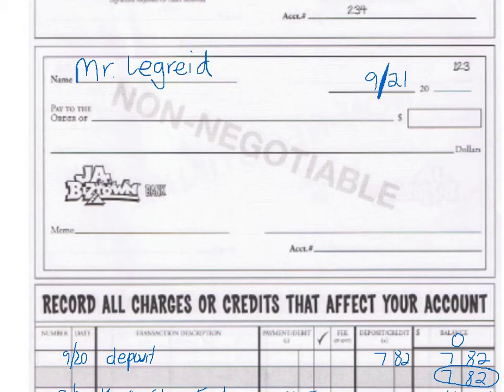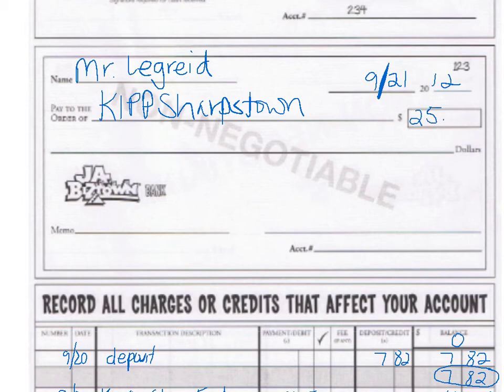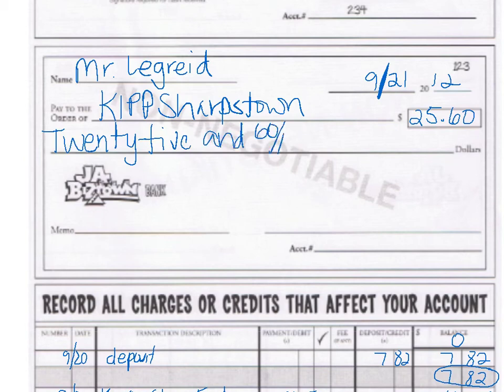And since we're buying it from our school, we just put our school's name there, KIPP Sharpstown, and the cost of those sweatshirts is $25.60. Okay, so now we spell out 25, and then we put an N to represent a decimal, and then we put 60 over 100, and then a line all the way.